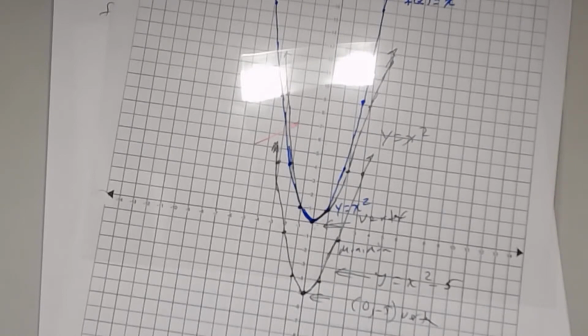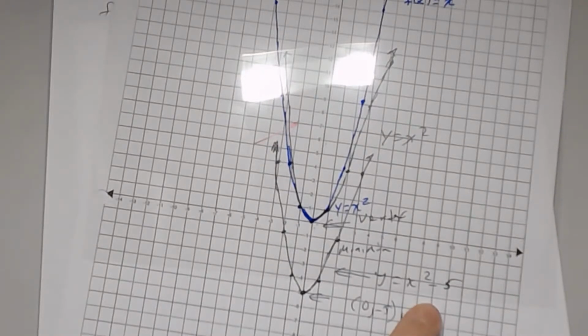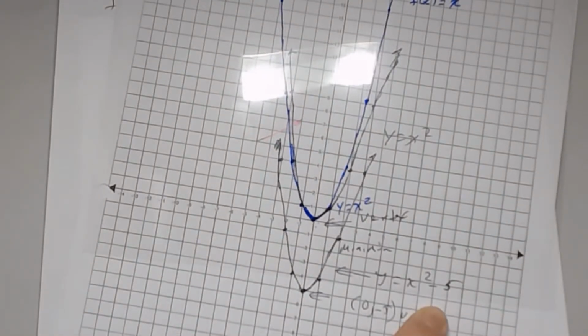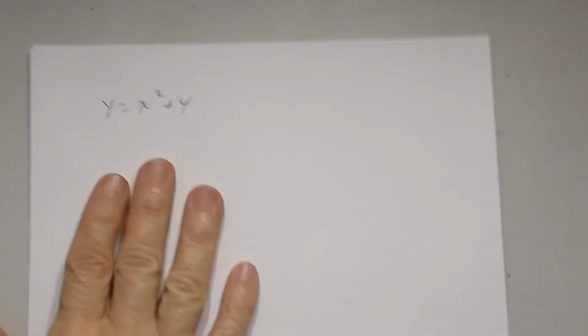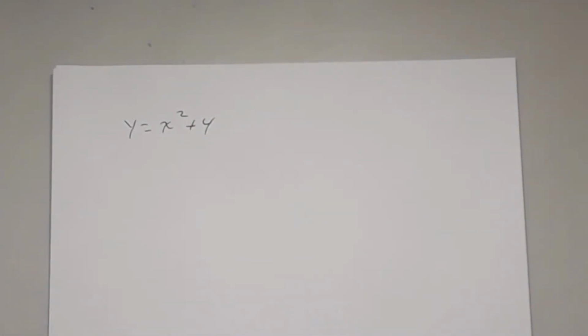It is very simple to determine which way you go because I have my parent function, I'm shifting it down 5. Minus 5 means down 5, right? Here, I have my parent function, and I'm doing what to it? Adding 4. So that means I'm going to shift it where? Up 4. All right, so let's think about what the vertex would be.